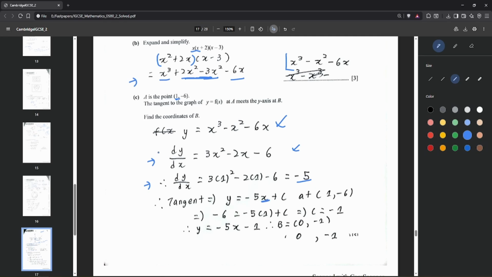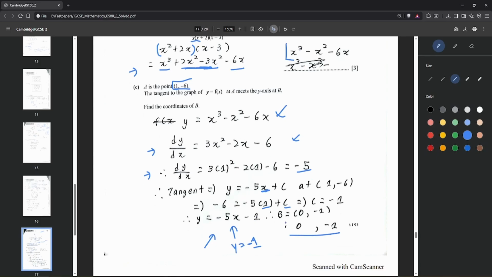So now we have this formula. Let's put the values of x and y here. We will put these coordinates here, and we get the value of c, which is minus 1. So we have found the formula of the straight line graph. So we put the value of x equals 0 here to get the value of y, which is minus 1. Y is equal to minus 1. So we write down these coordinates.